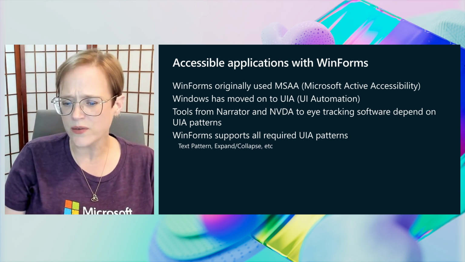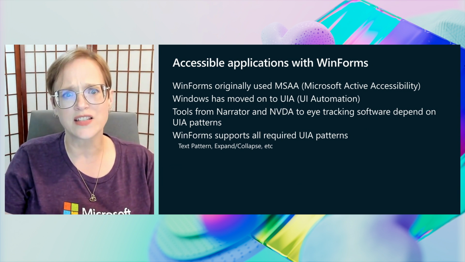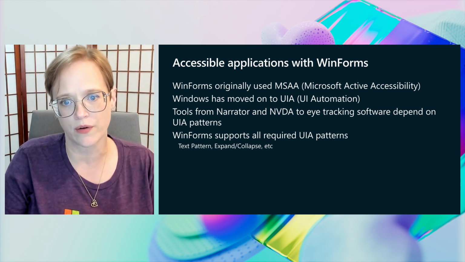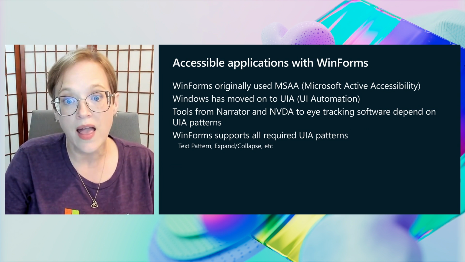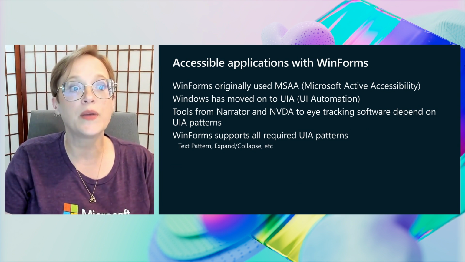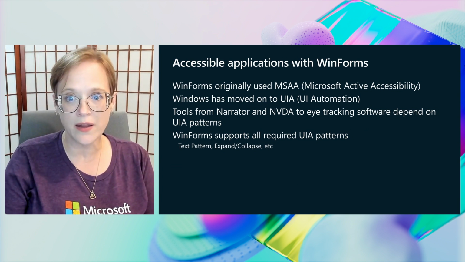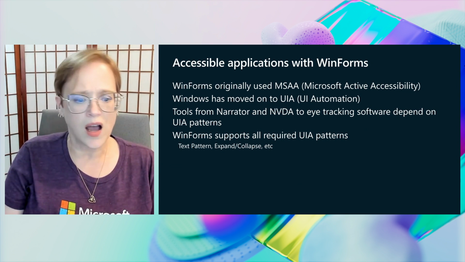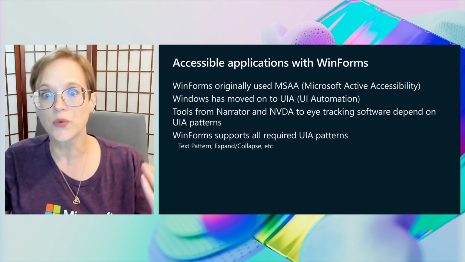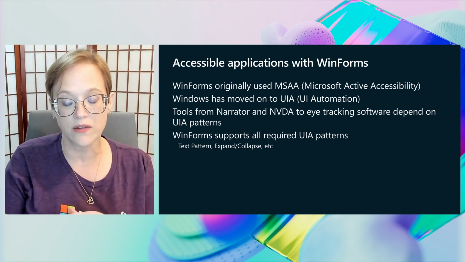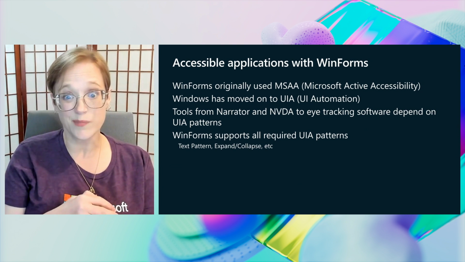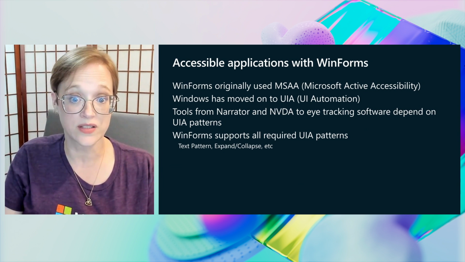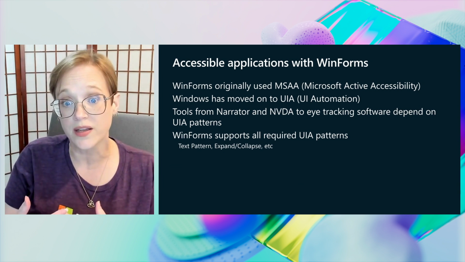Starting in, I think it was Windows 8, they started moving on to an entirely new automation framework called UIA, and it's extended way beyond what MSAA has done. Tools like Narrator, NVDA, eye tracking software, all sorts of assistive technology, and test automation, for example, use the UIA providers to be able to interact with your applications.